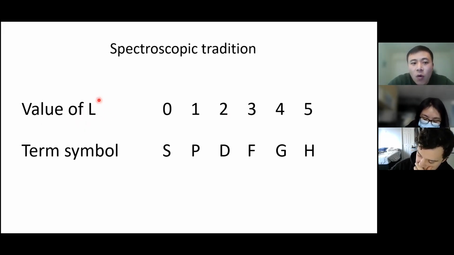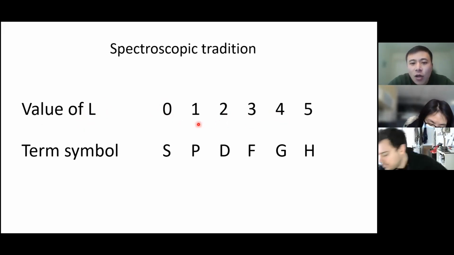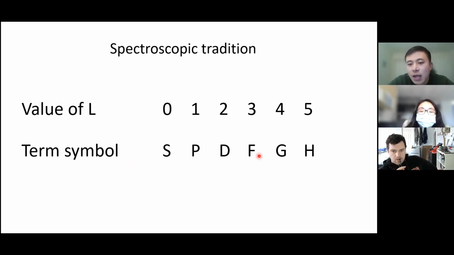And this L would also have some integer number. L starts from 0 and goes all the way up to 4 or 5 or even higher. But instead of naming the term symbol as 0 or 1, 2, as those kind of numbers in the term symbol, we respect the spectroscopic tradition and actually name as S, P, D, F, G.